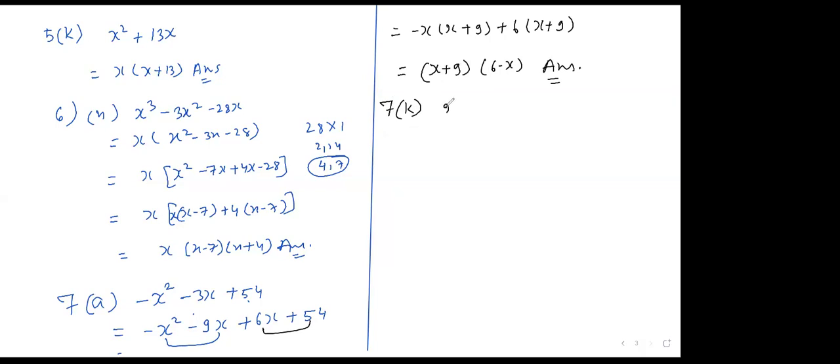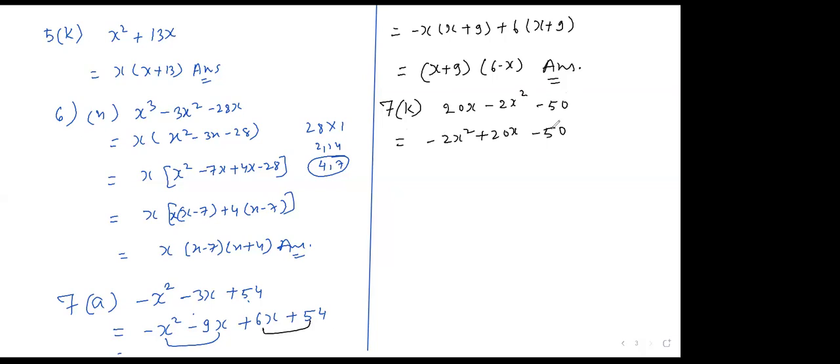7K is 20x minus 2x squared minus 50. Okay, so this can be written as negative 2x squared, positive 20x, and negative 50. We have just arranged the terms in proper sequence.